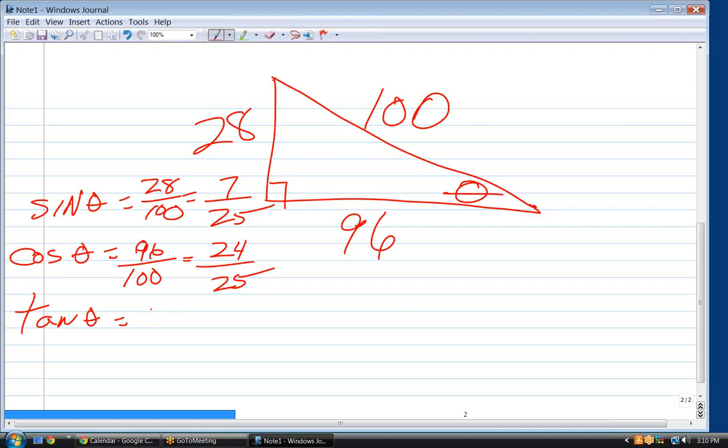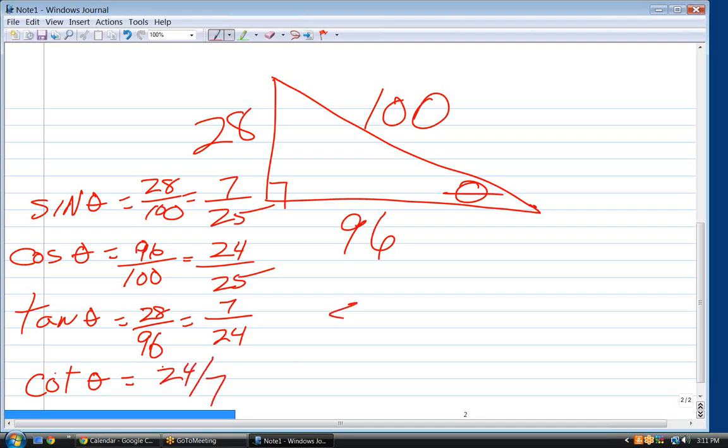Tangent of theta. Tangent of theta would be 28 over 96, which is 14 over 48, which is 7 over 24. What is the cotangent of theta? That would be 24 over 7.